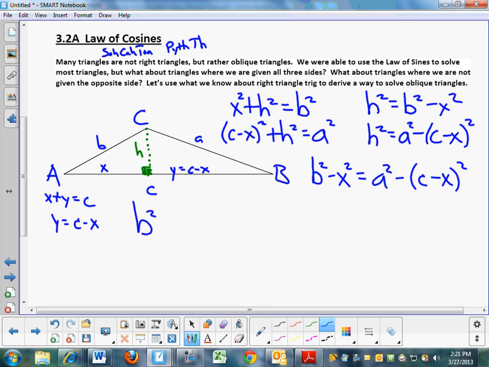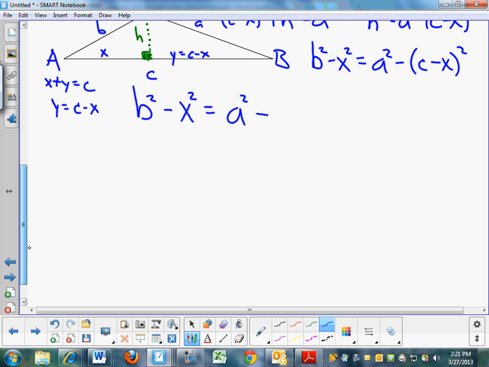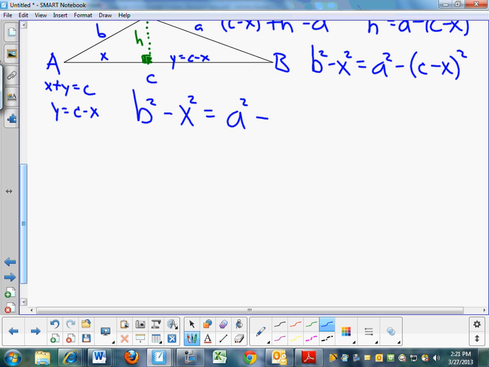I'm going to write out b squared minus x squared equals a squared minus what? You do the math. I already know how to do it. What do you get if you square that out? Got to FOIL it.